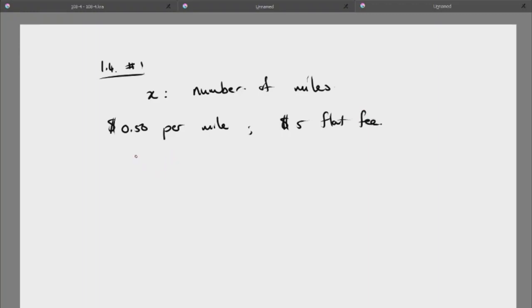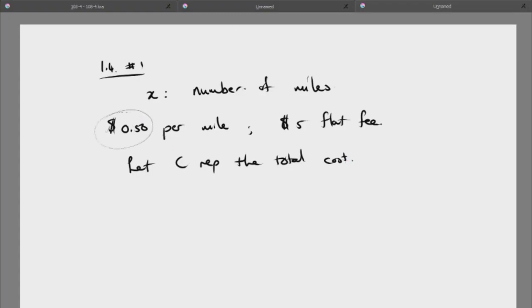So I need to define a letter. I don't want to use y always. Let's go C for cost. Let C represent the total cost. So I want to find the cost function.